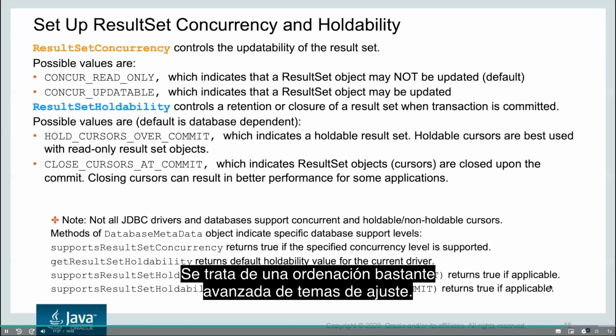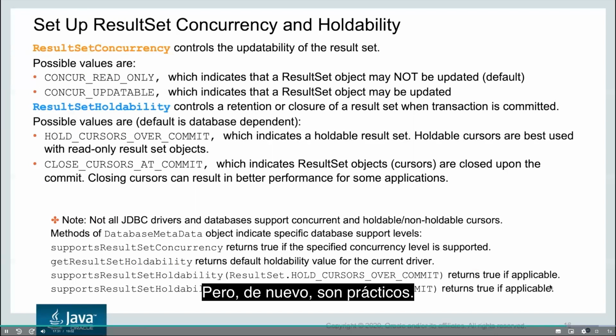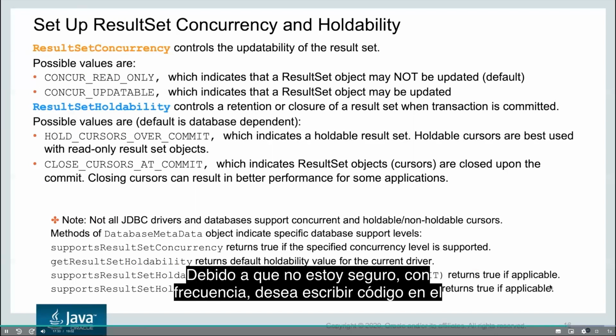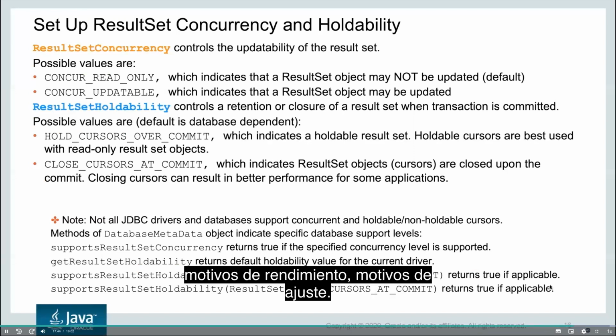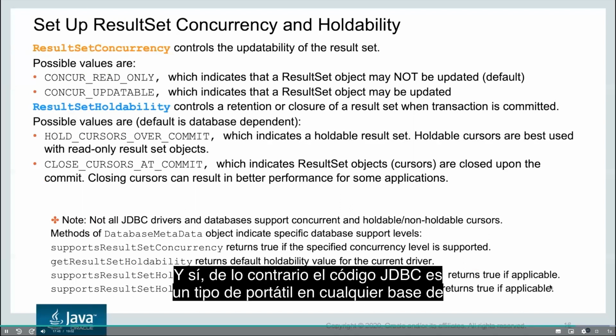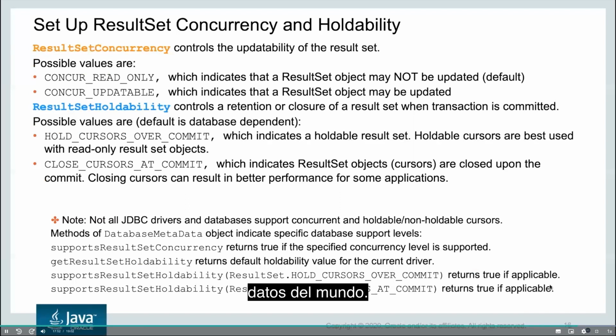These are fairly advanced tuning topics, right? But then again, they're practical because quite often you would want to write code in JDBC that exploits database specific features for performance reasons, tuning reasons. And otherwise JDBC code is kind of portable across any database in the world.